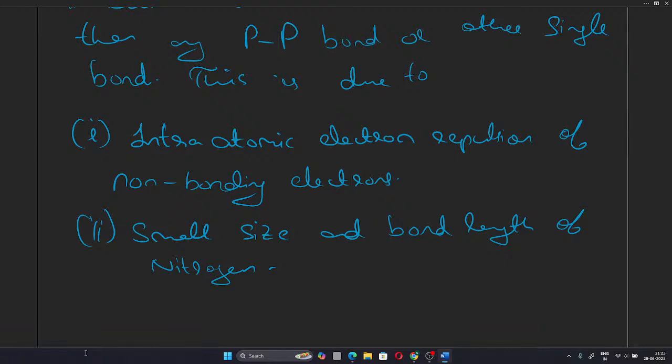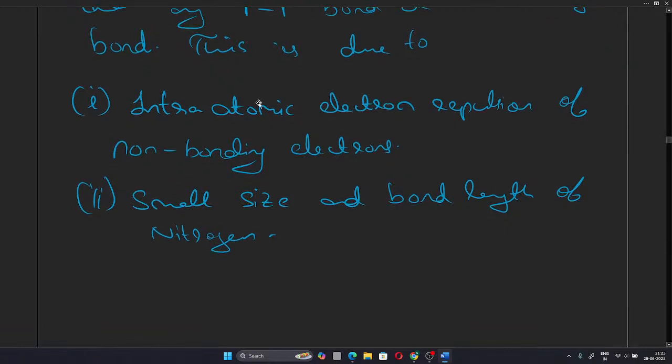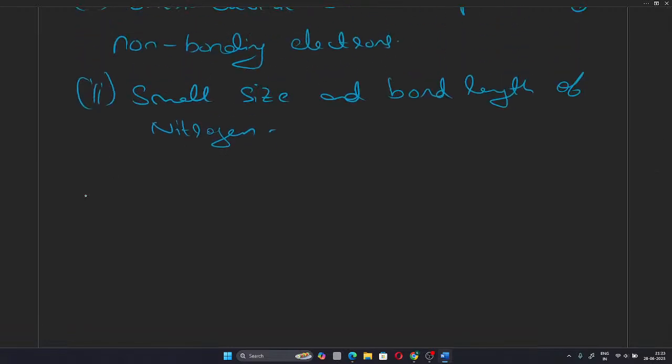If small size, then more electron repulsion.